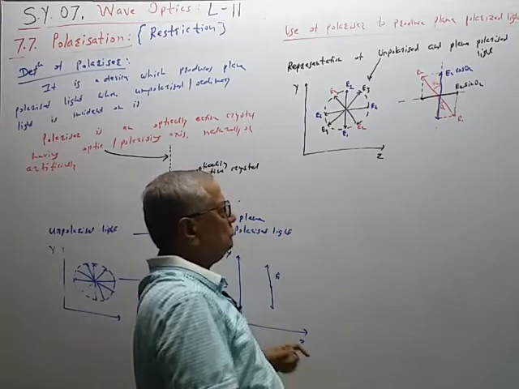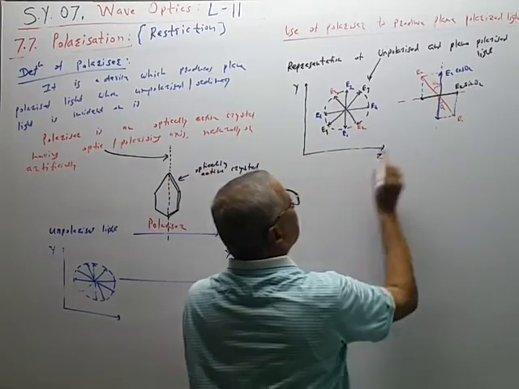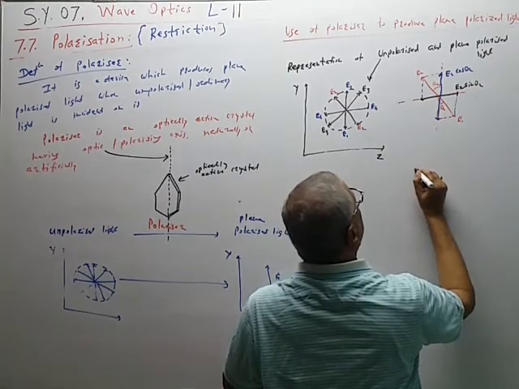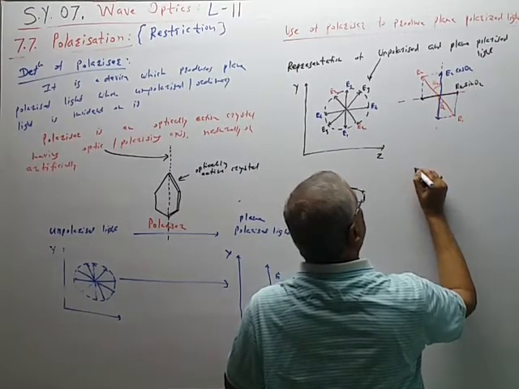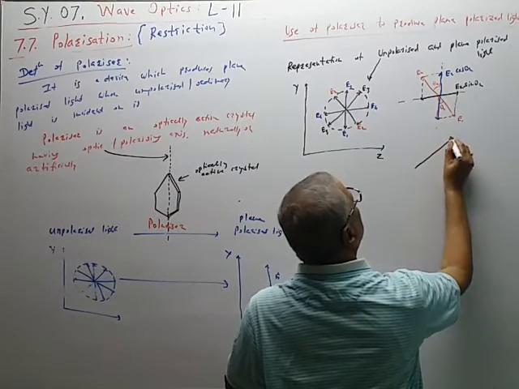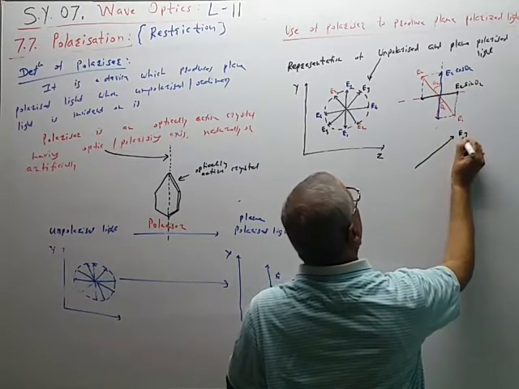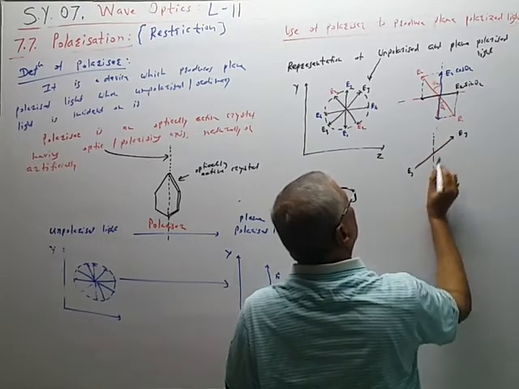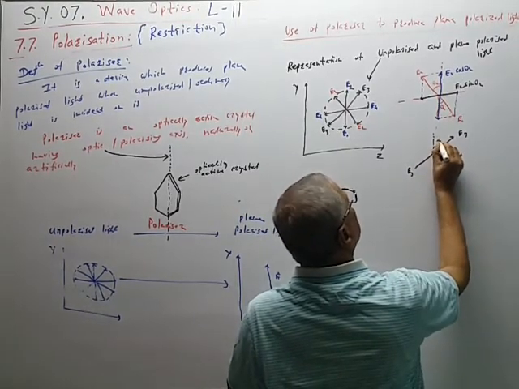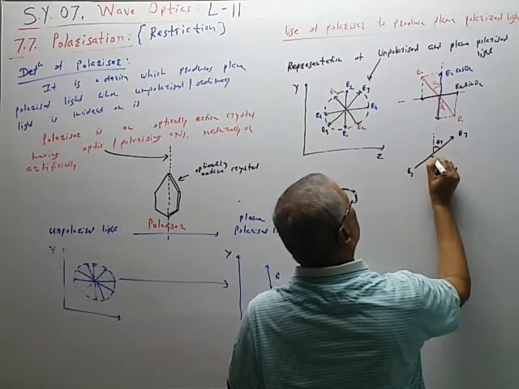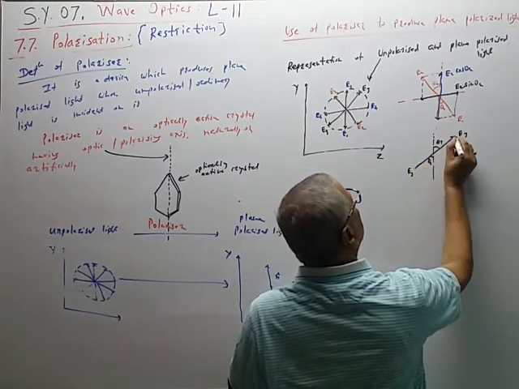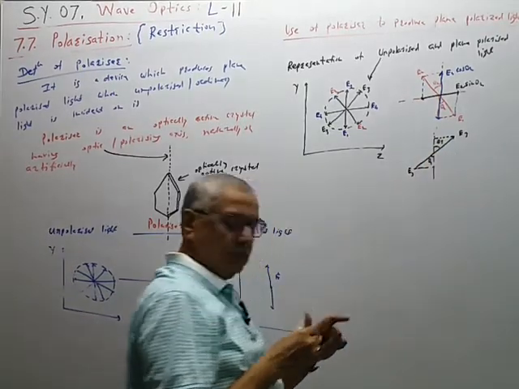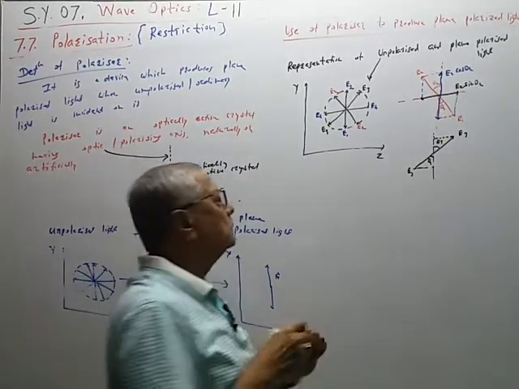Similarly, you can consider E3. This is E3. If this angle is theta 3, then draw a perpendicular. So this is E3 cos theta 3.